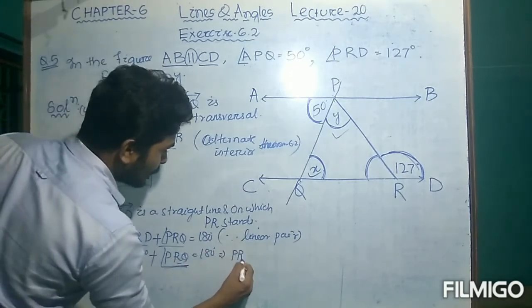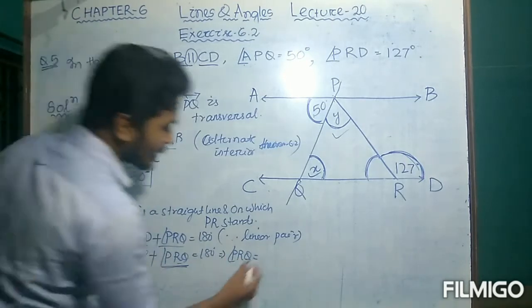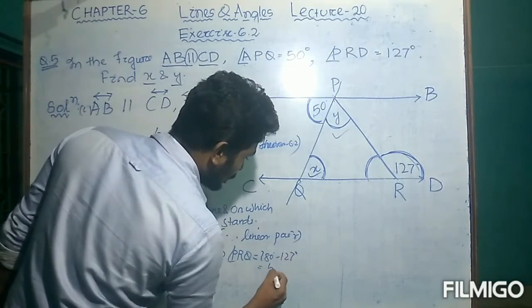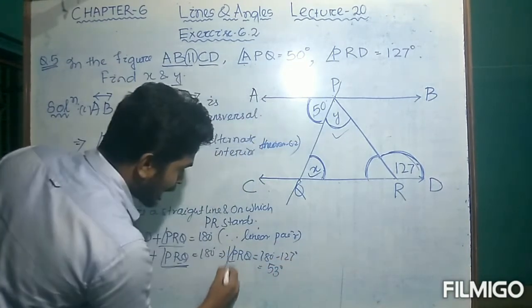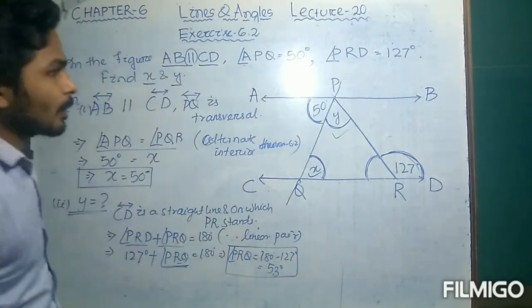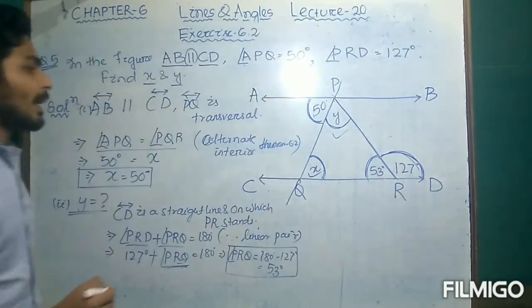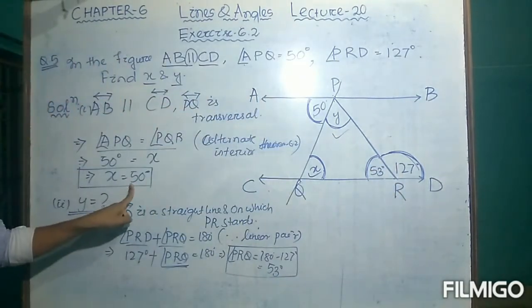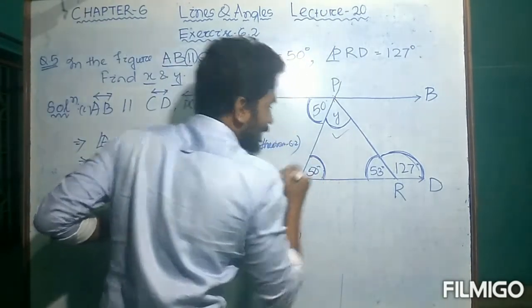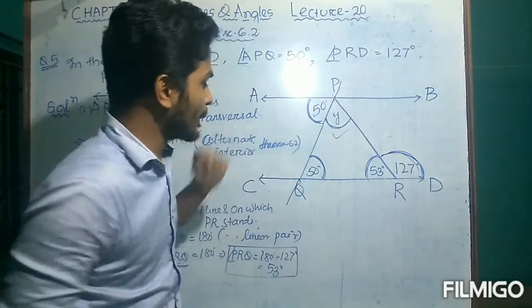So PRQ is equal to 180 degrees minus 127 degrees, which is equal to 53 degrees. Hence angle PRQ is equal to 53 degrees, and we found the value of x to be 50 degrees. So we will now go for finding the value of y.